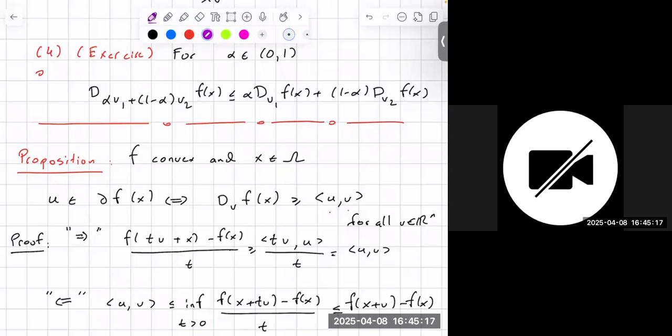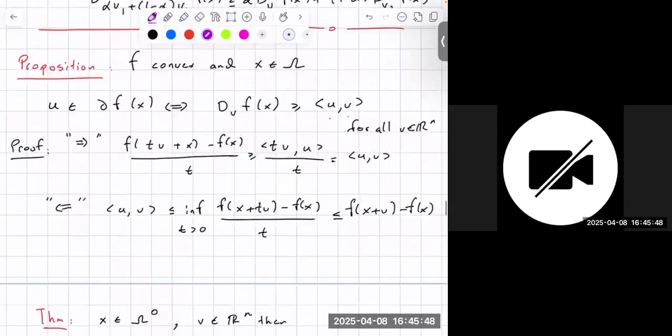Let's pull back our intuition from the differentiable world, where this is an equivalent: if u is replaced with the gradient of f, gradient times v equals the directional derivative. Here, u is trying to behave like that gradient. It's a subgradient, so for any v you pick, it gives you a number less than or equal to the directional derivative.